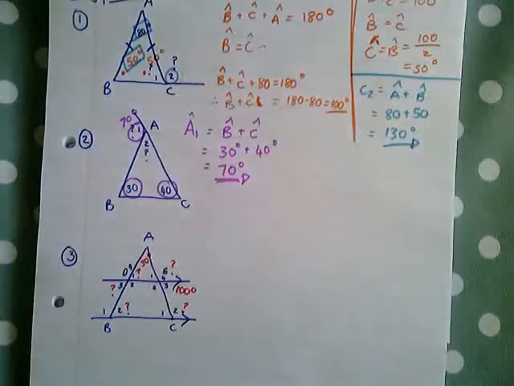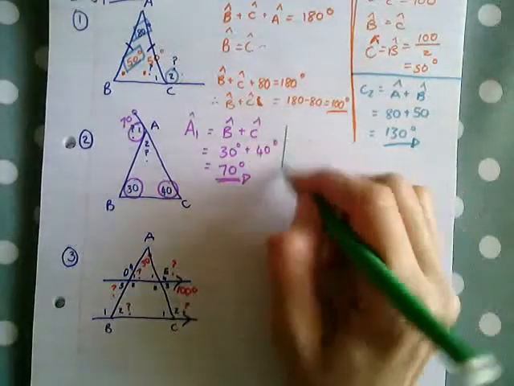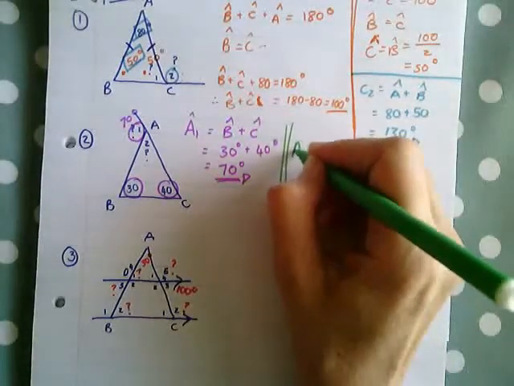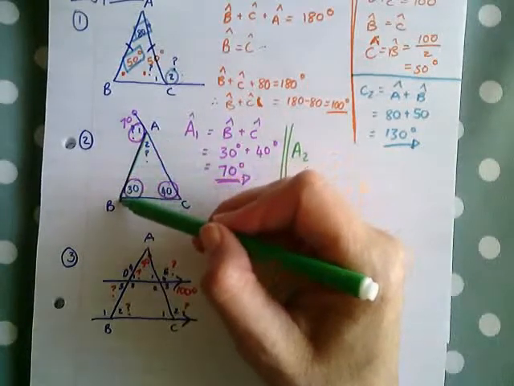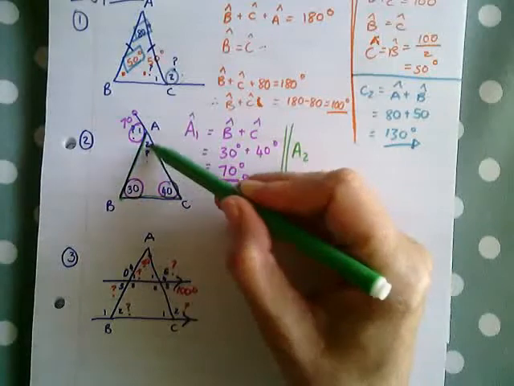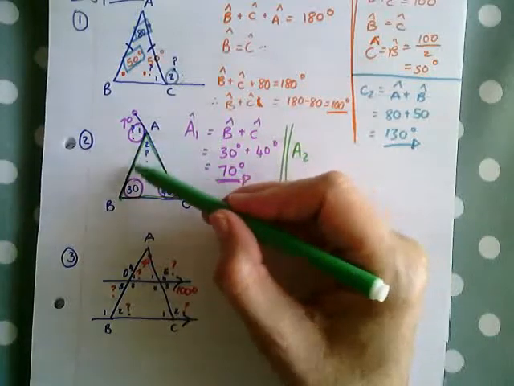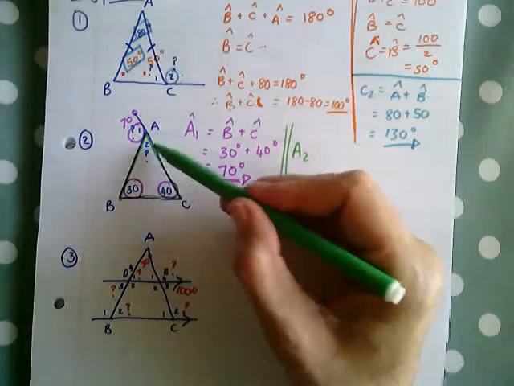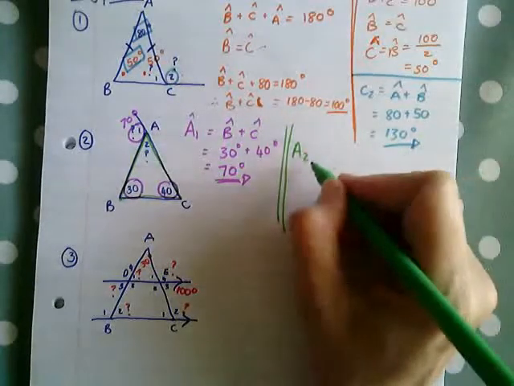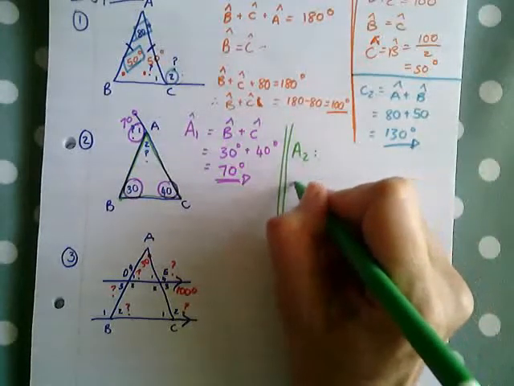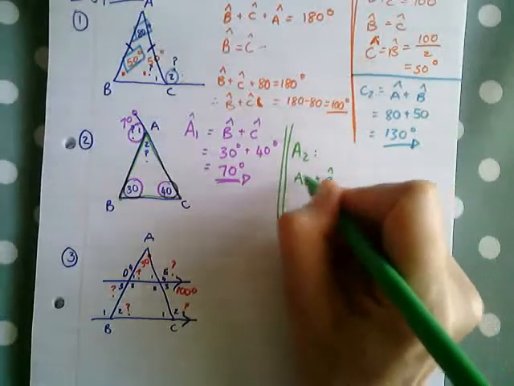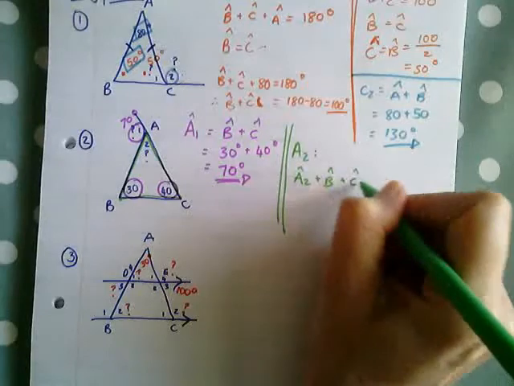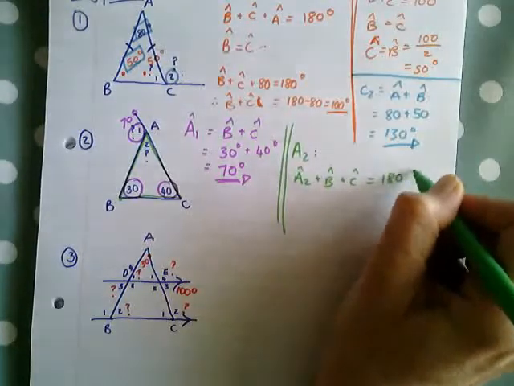Now, to determine angle A2, this forms a triangle, obviously, and the sum of the inside angles must equal 180 degrees. So that means that angle A2 plus angle B plus angle C must equal 180 degrees.